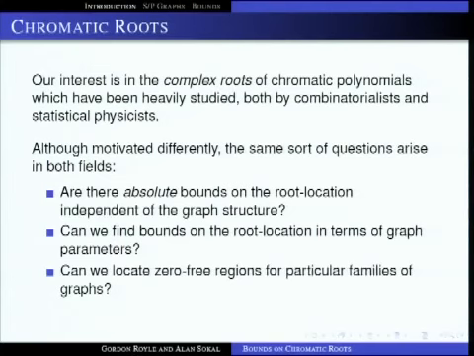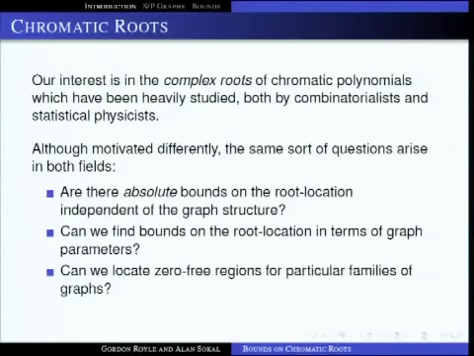Can you find absolute bounds on the location of the roots of these polynomials? Can you find parameterized bounds, bounds in terms of some parameter to do with the graph? Or can you find zero-free regions for specific families of graphs?